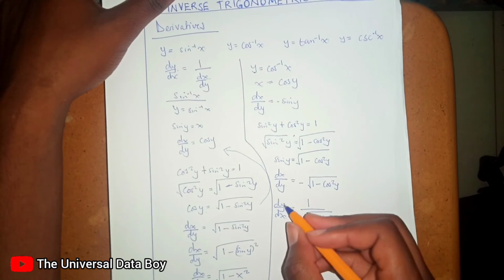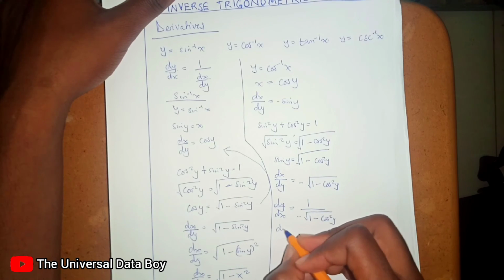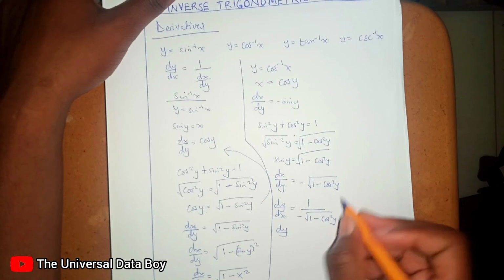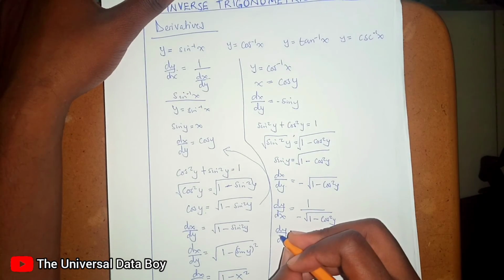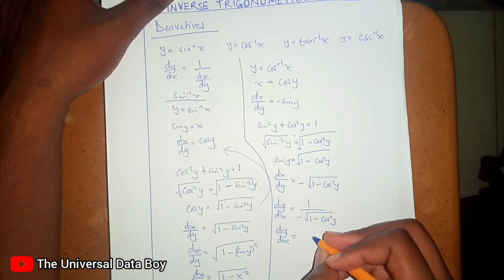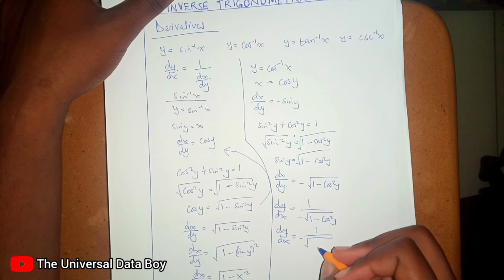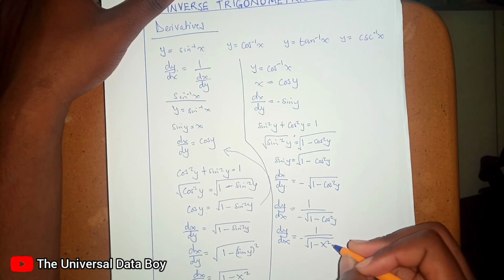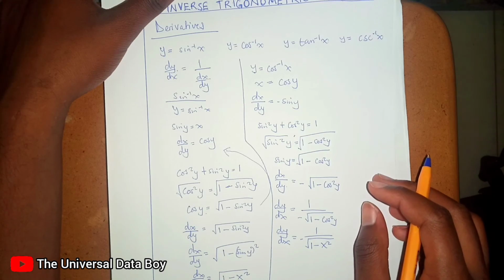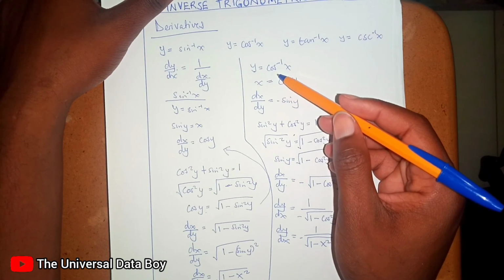But this is dy by dx, so the variables in here should be x. So wherever there is cosine y, we put x. So dy by dx is equal to 1 over the negative of the square root of 1 minus x squared, and thus we found the derivative of y is equal to cosine inverse of x.